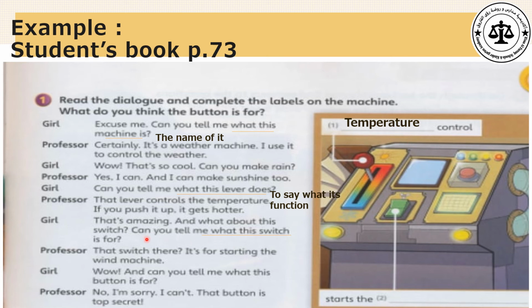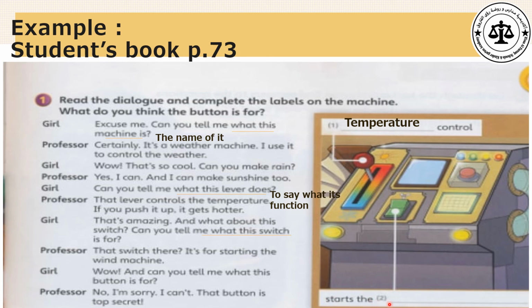Okay, underline the third question: Can you tell me what this switch is for? So the professor answered the girl, the switch there, it's for starting the wind machine. So we have to answer or add information in this picture.